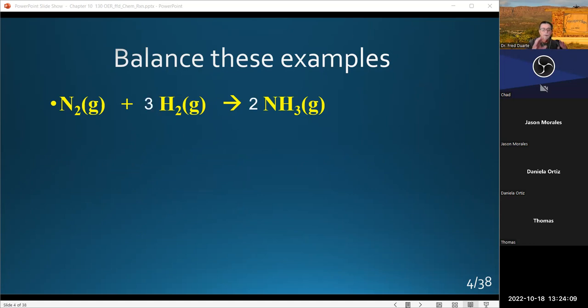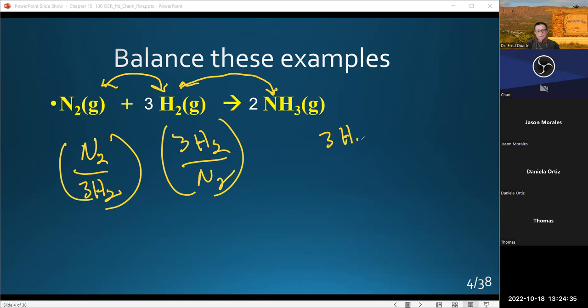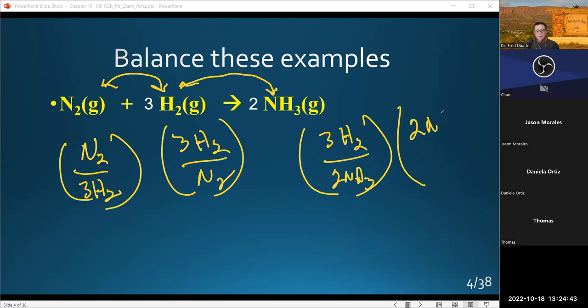and once we balance it, the thing we got to remember and keep in mind is now I have this relationship between reactants, or I can invert it. Okay, and that's the relationship between reactants. But I have a relationship between hydrogen and ammonia, which is 3 hydrogen and 2 ammonias, which I can write as that, or the ratio, I can invert it.